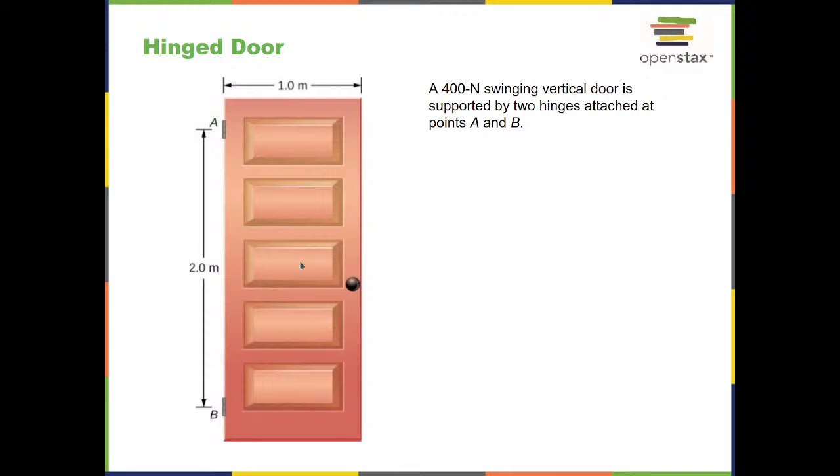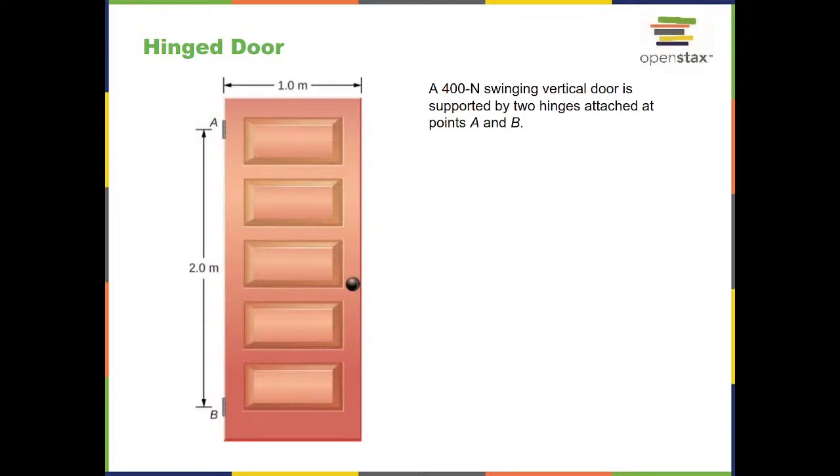So we have a door that has a uniform mass. So the center of mass is right in the middle of this door, and it's hanging by two hinges. Of course, a very common situation for a door, unless your door is dragging on the floor here, when there will be another point of contact.